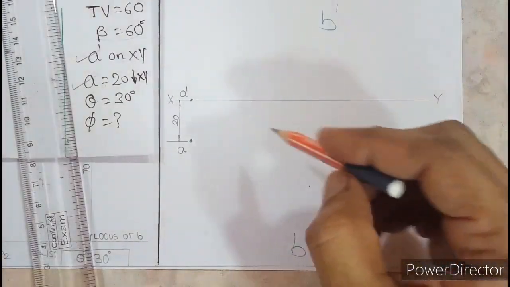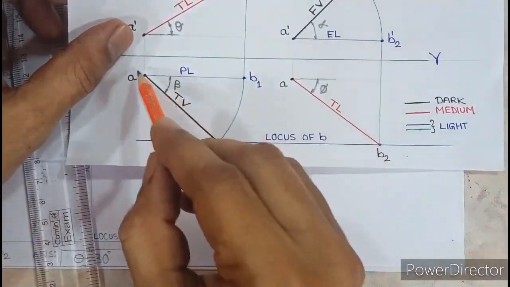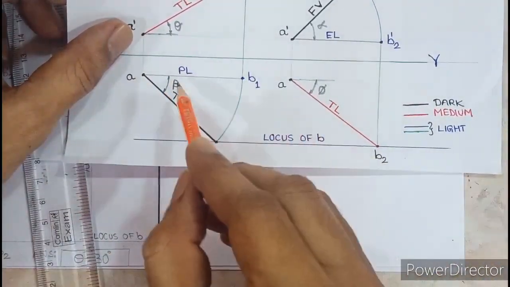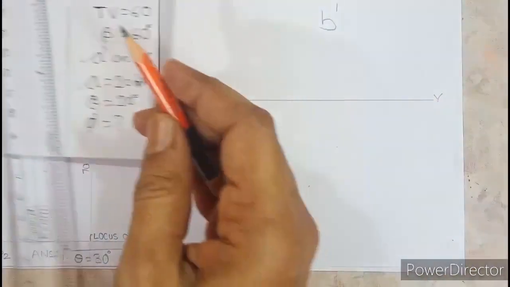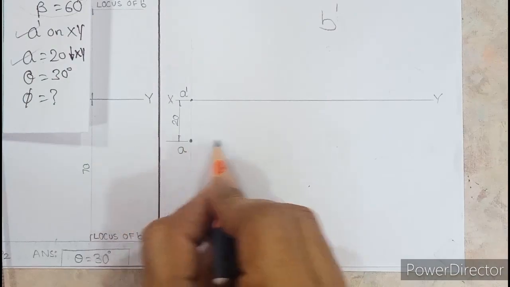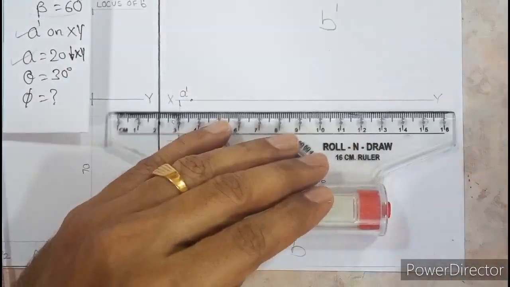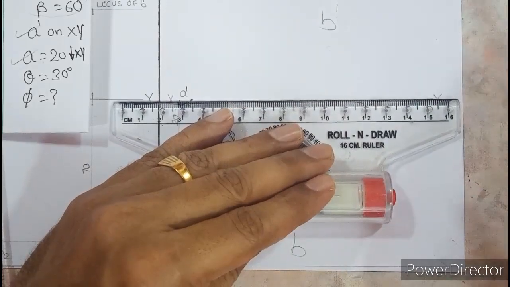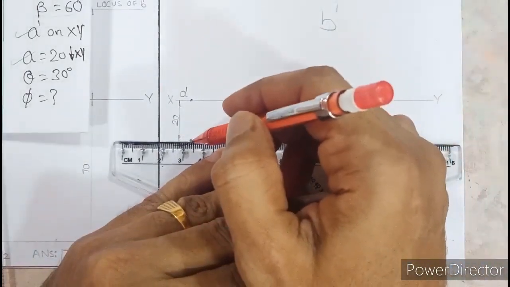So we know that angle beta is always drawn towards locus of B or is drawn to cut the locus of B. So beta is given 60 degree, top view is given 60. So very simple, from point A with respect to horizontal, draw 60 degree. So first of all, let me draw a light horizontal line. Okay.